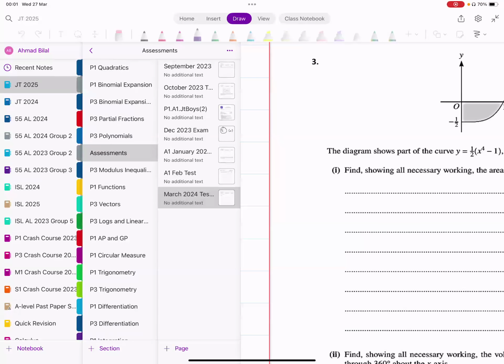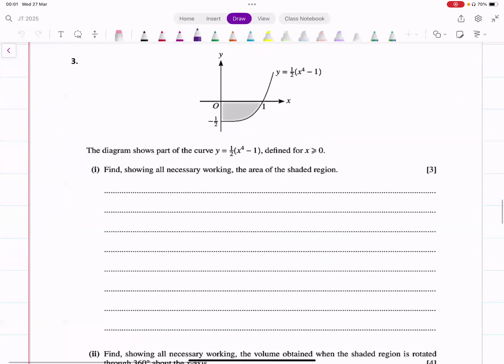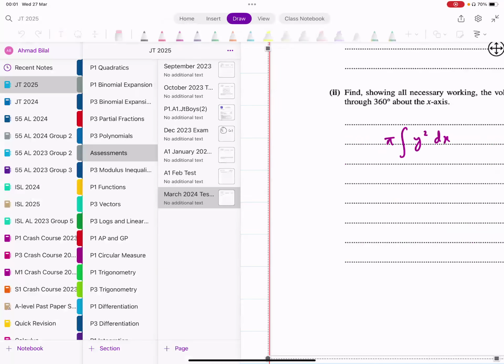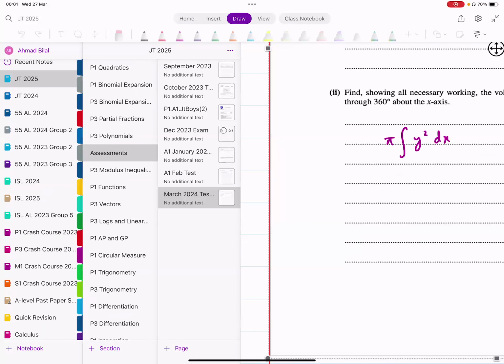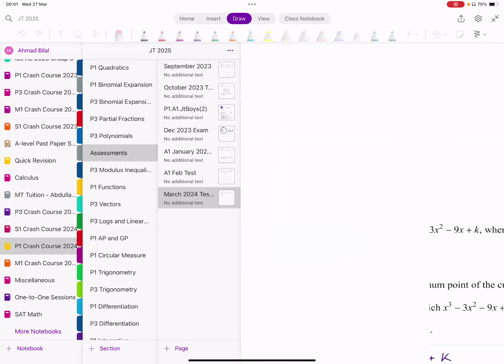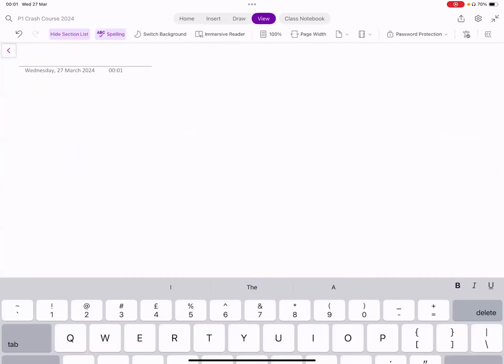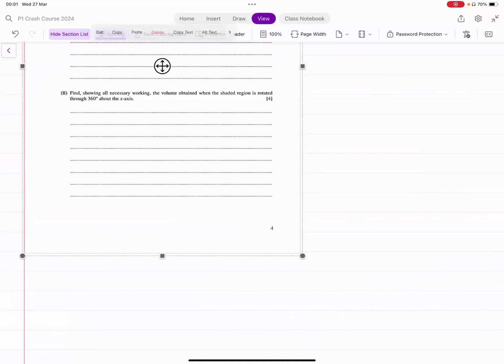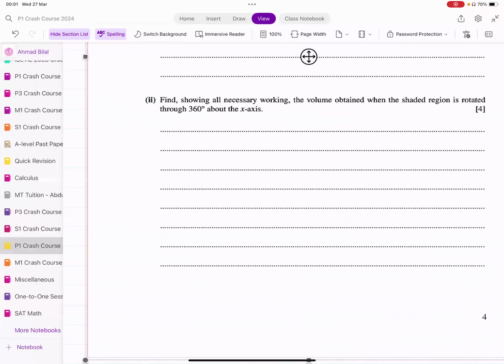Okay, no. So what you can do is you can just take a snapshot of this question. Yeah, I'll just copy this there in the OneNote notebook. So try this question as well. I'm adding it at the end of the notebook. I'll show this to you in a moment.